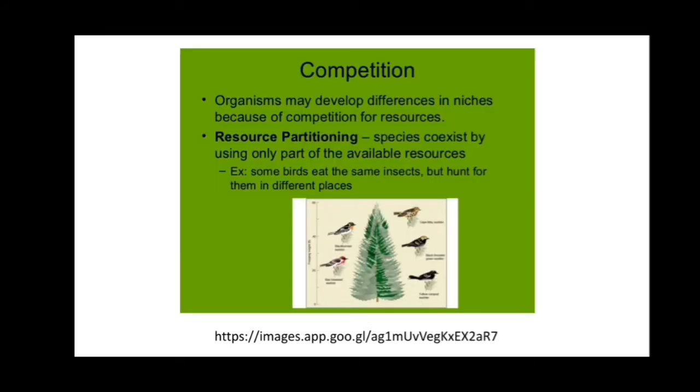Organisms may develop differences in niche because of competition for resources. Resource partitioning occurs: species coexist by using only part of the available resources. Some birds eat the same insect, and some hunt in different places.